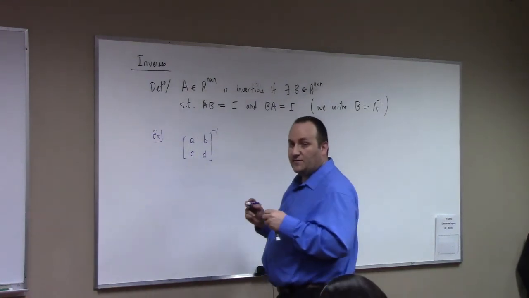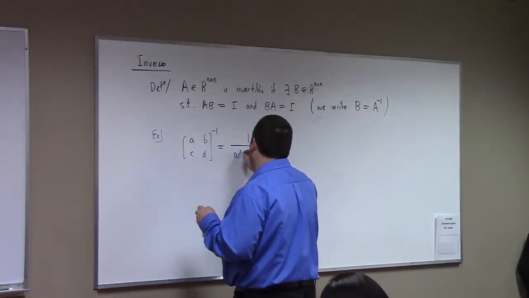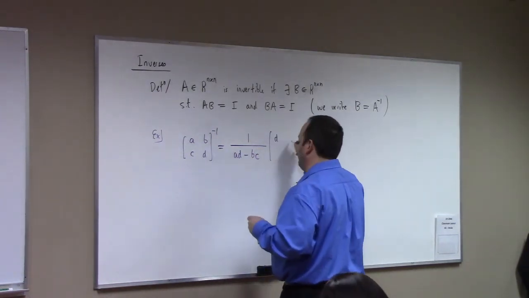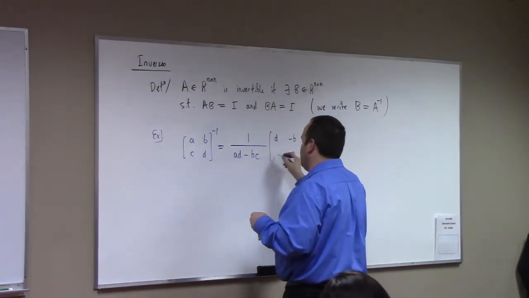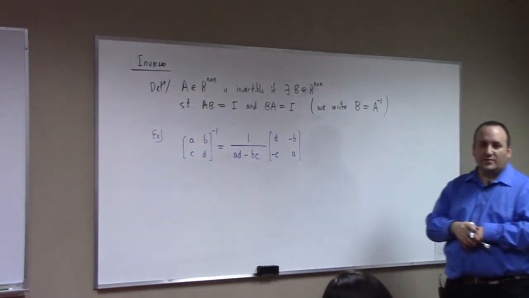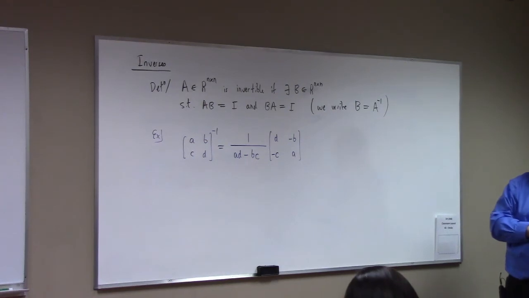The inverse of A, B, C, D: the formula for that, guys, is 1 over AD minus BC. You flip the diagonals, and you put minuses on the off diagonal. This is a formula for the inverse of a 2 by 2 matrix. You really should memorize this if you haven't already. But why does this work?